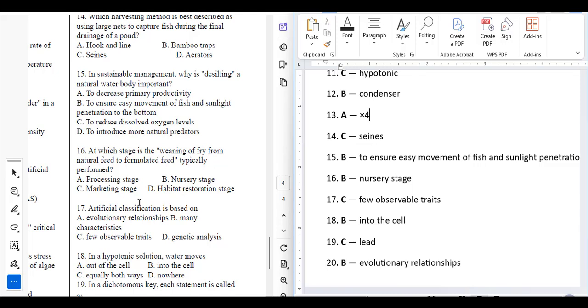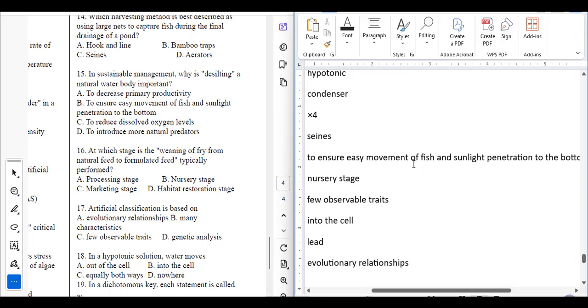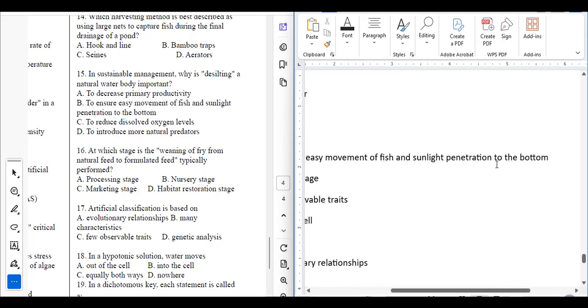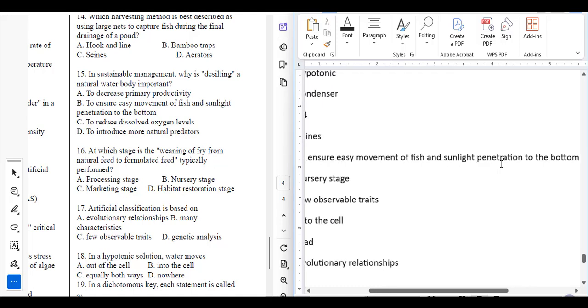B, to ensure easy movement of fish and sunlight penetration to the bottom. C, to reduce dissolved oxygen levels. D, to introduce more natural predators. So it's B, to ensure easy movement of fish and sunlight penetration to the bottom.